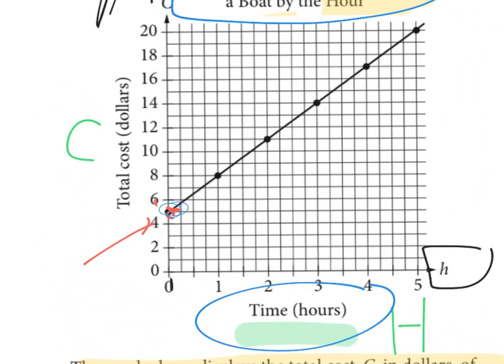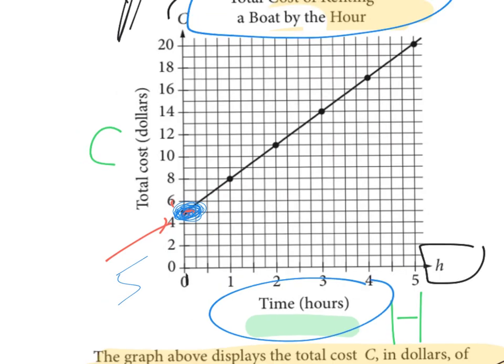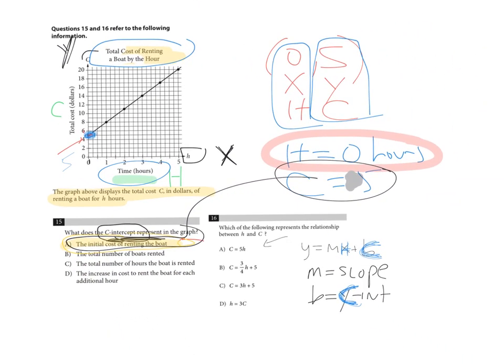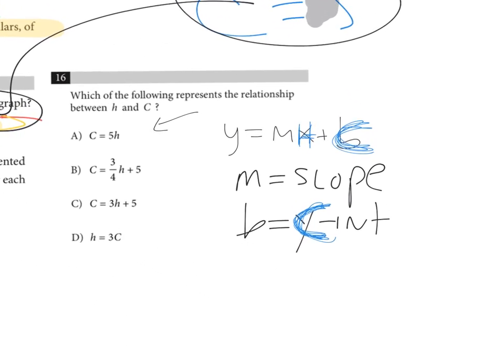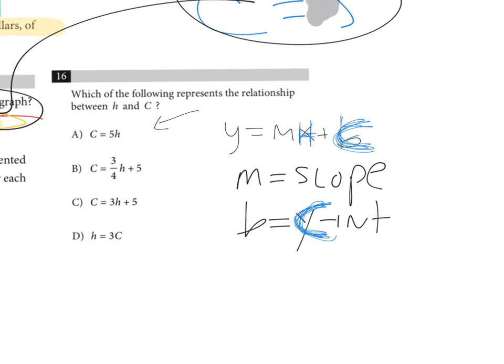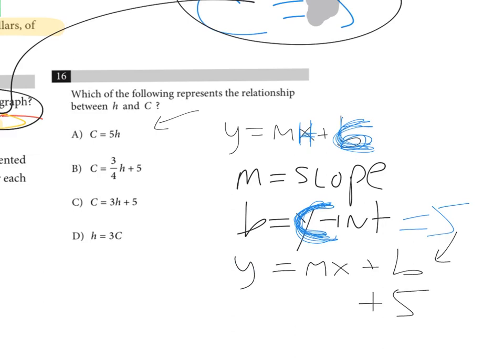Well, we just did that. Here the y-intercept, the C-intercept, is 5. So we already know that traditionally in geometry, the b, the y-intercept, now called the C-intercept, is going to be 5. So y equals mx plus b, I know that b has to be 5.